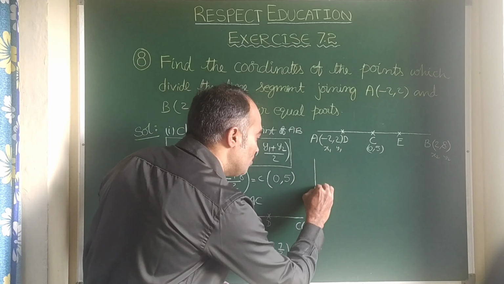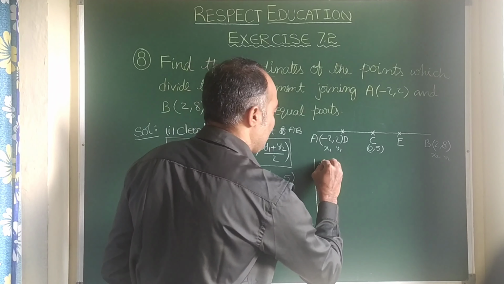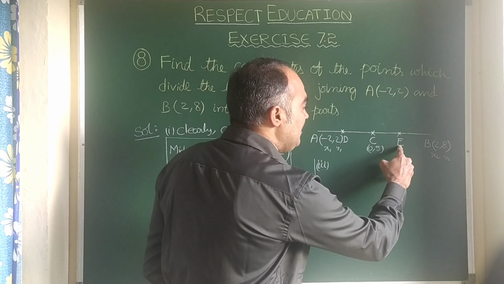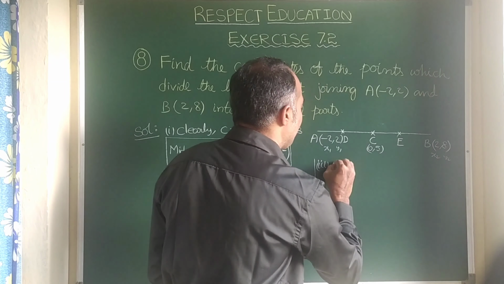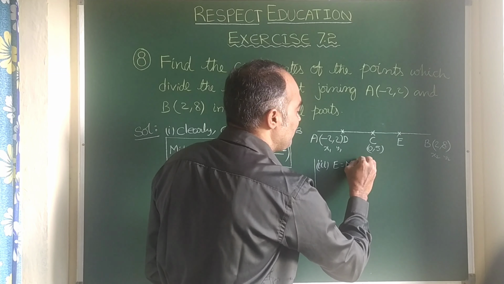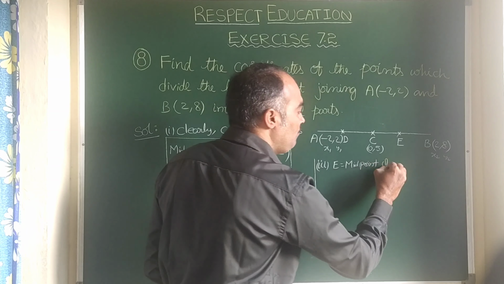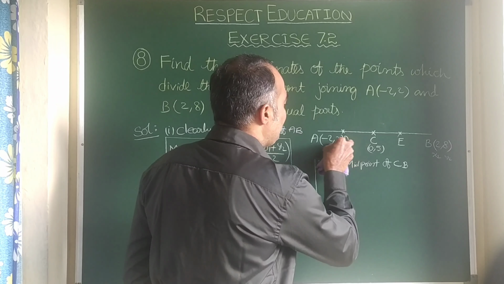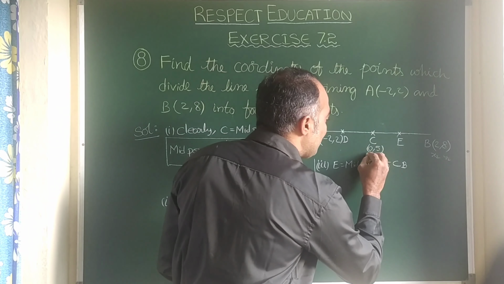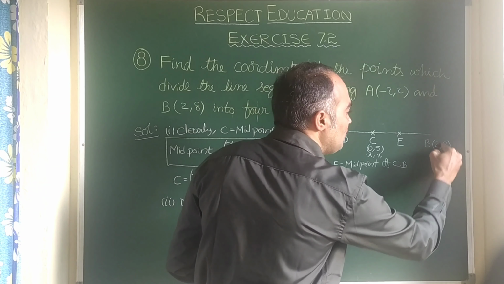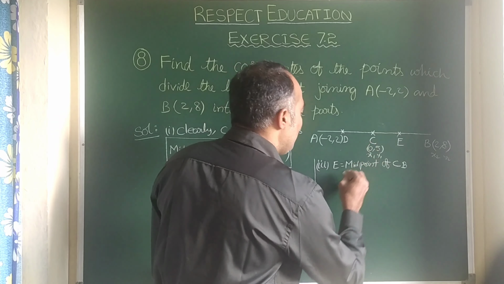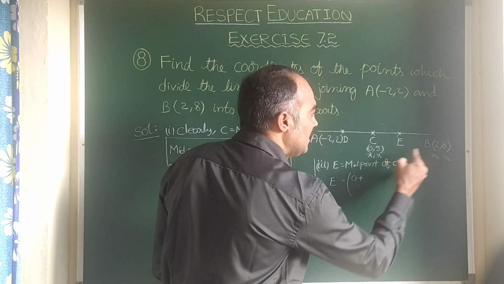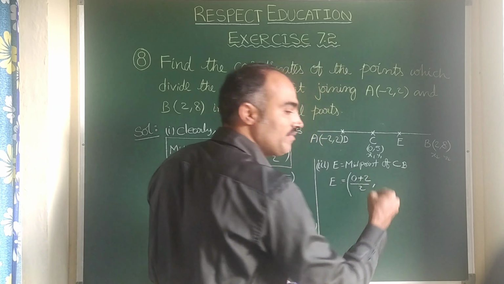Now we are going to do task 3. The third task, of course, is the last task for this problem. E is the midpoint of C and B, right? So as we are taking C and B, let us give (x1, y1) to C and (x2, y2) to B. Now as usual E is equal to x1 means 0 plus x2 means 2, by 2, right?